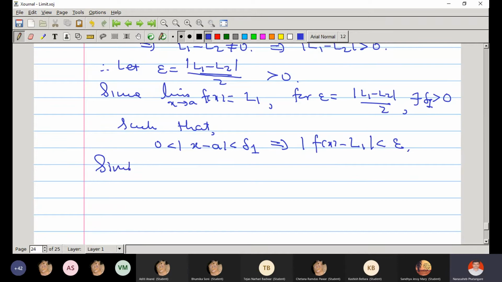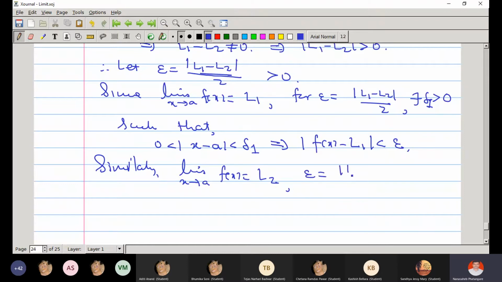Similarly, limit x tends to a, f(x) is L2. So again by definition, for the same epsilon, because when we say limit exists, for any epsilon we can produce delta.